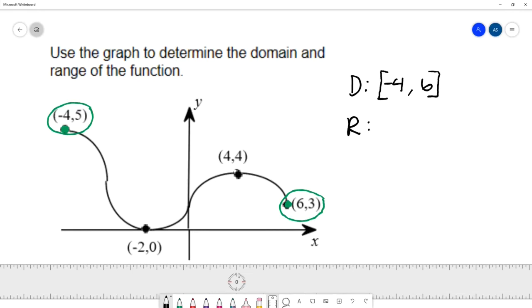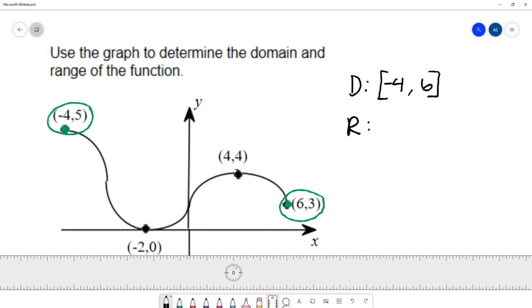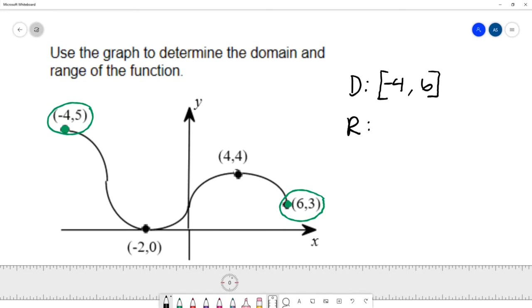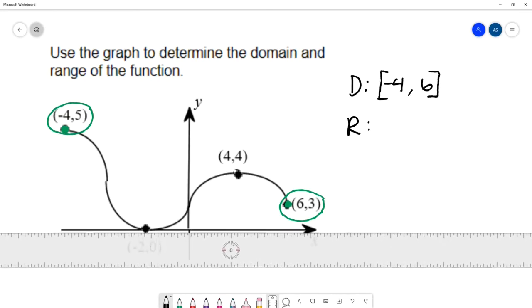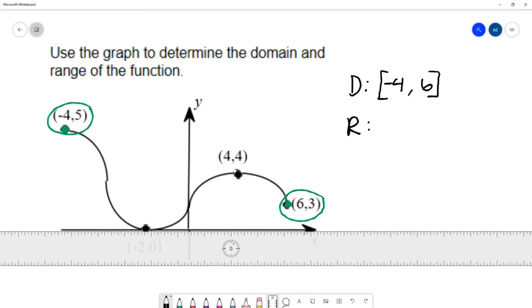The bottom for the y values is smaller than the top. We always write our interval notation from smallest to largest, so that's why we start at the bottom and move to the top. This is the first time my ruler hits the graph, and that y value is 0. So that's where my range starts.